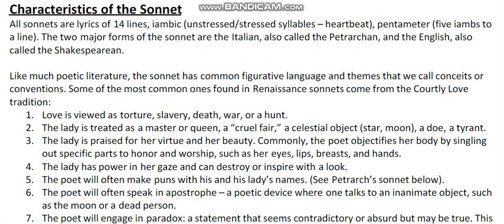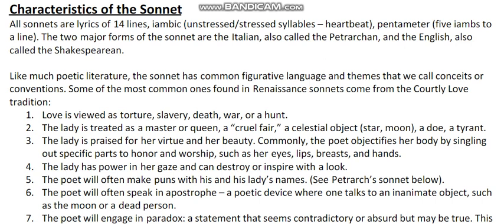Commonly, the poet objectifies her body by singling out specific parts to honor and worship, such as her eyes, lips, breasts, hands, and body. The lady has power in her gaze and can destroy or inspire with a look.